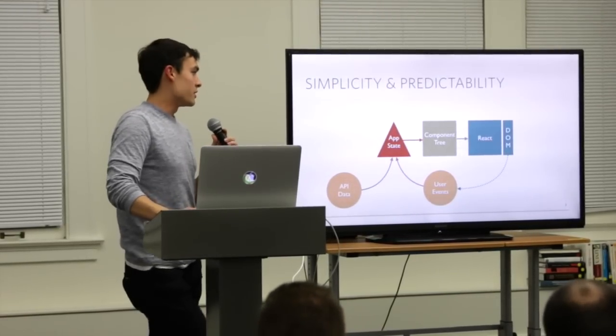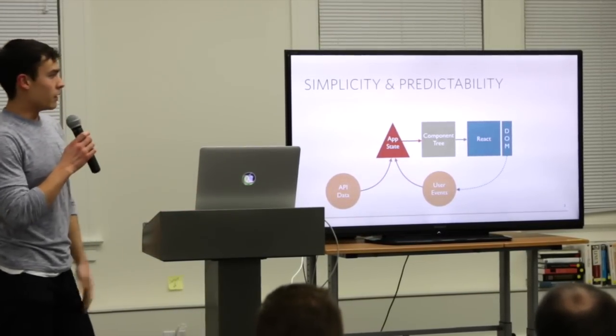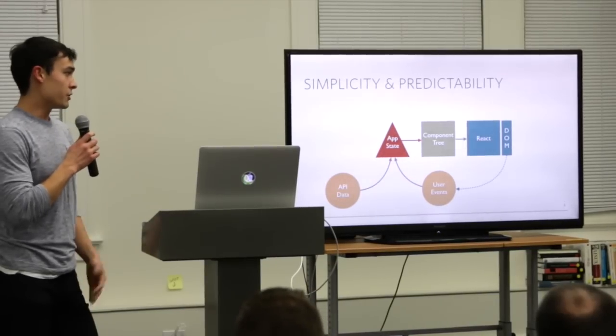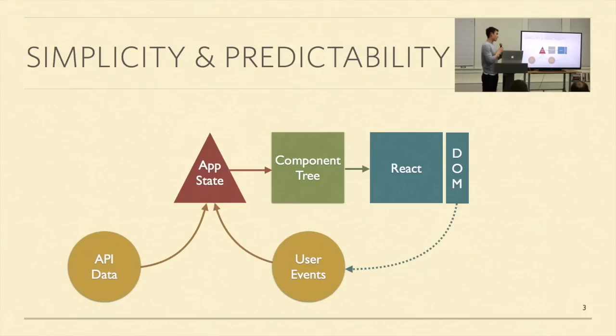So what I'm going to talk about today is the power in simplifying your data flow through your system and having predictability. There are a lot of interesting qualities in simplifying our data flow from our traditional approaches that we'll talk about.